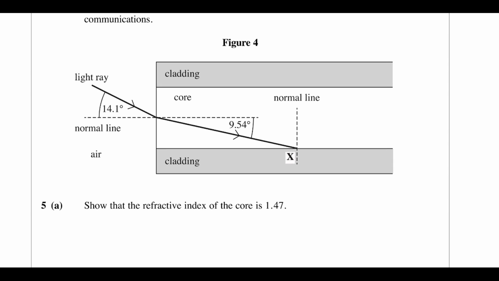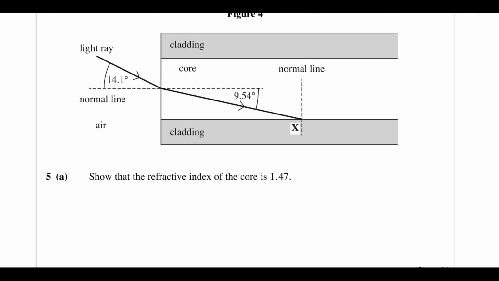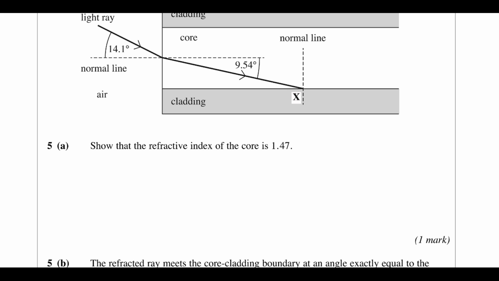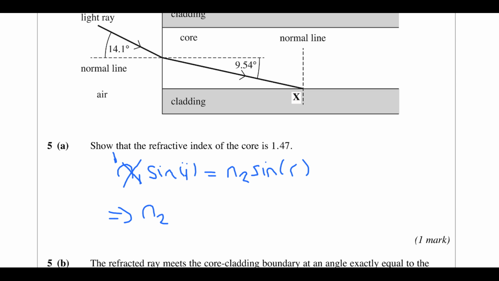Okay, so first thing I want to do is show the refractive index of the core is 1.47. So we're going to do this using Snell's law. N1 sine I is N2 sine R. It's going from air, so that's N1 is equal to 1. So N2 is just sine I over sine R. So the angle of incidence, 14.1.